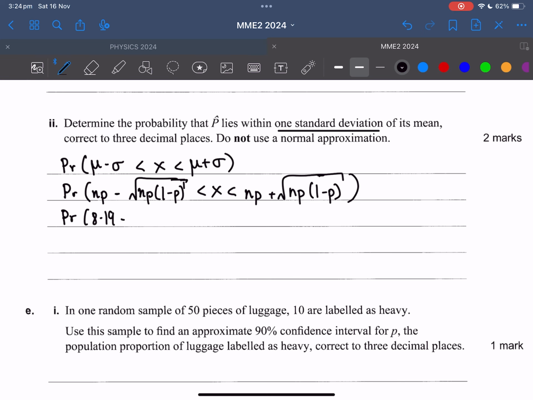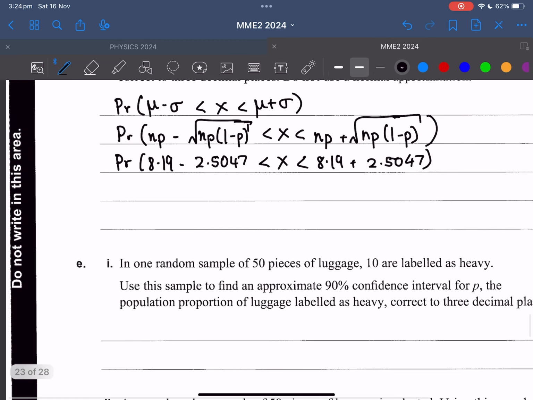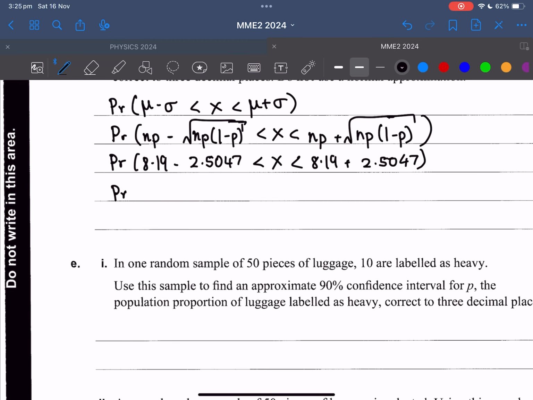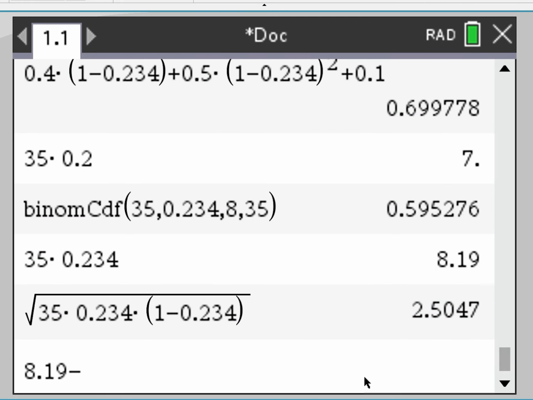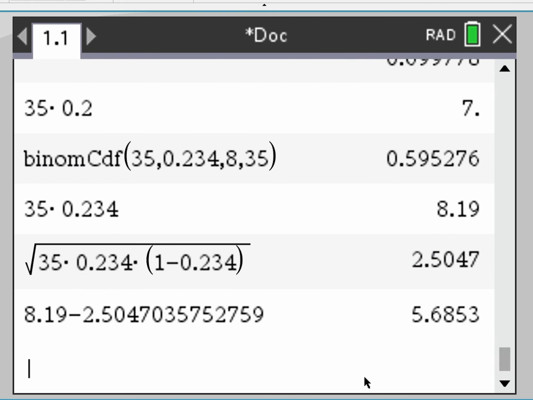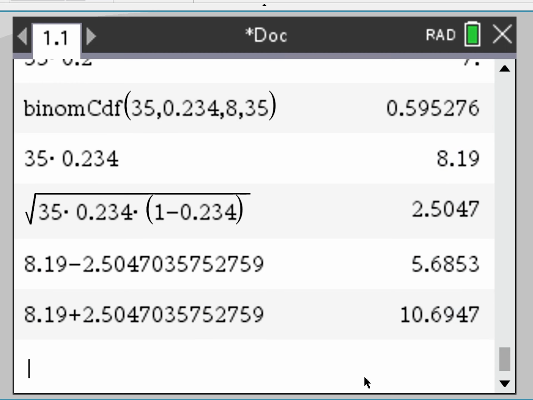So 2.5047 less than x less than 8.19 plus 2.5047. Okay, so the probability of 8.19 minus that, and that plus that.